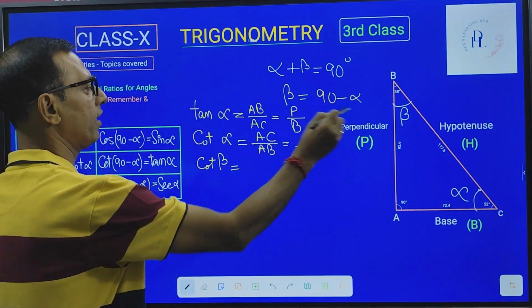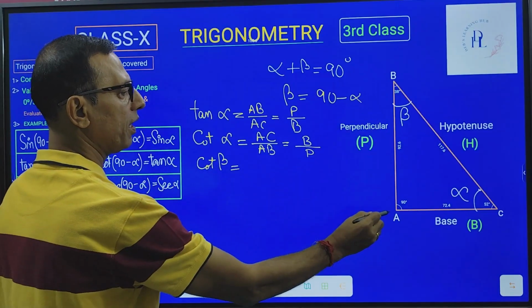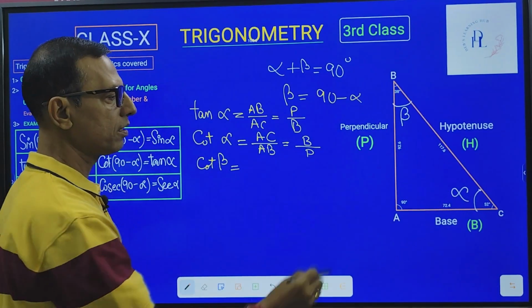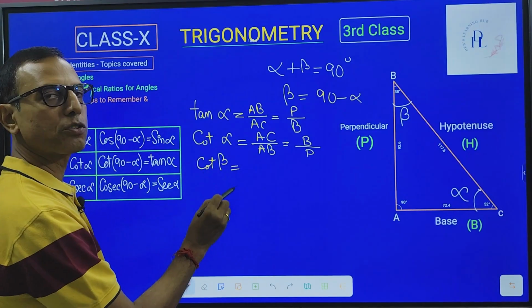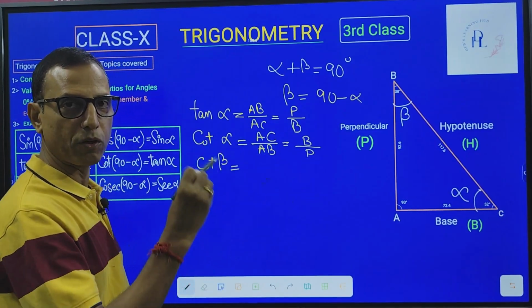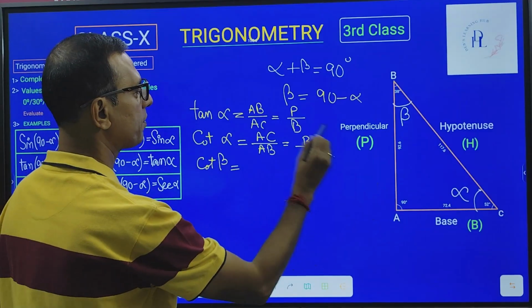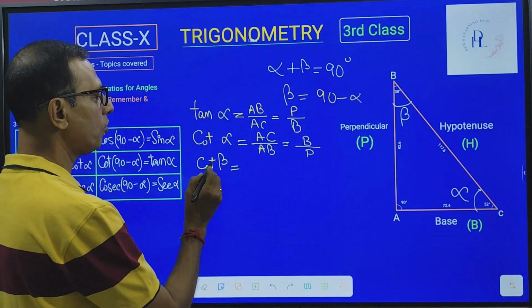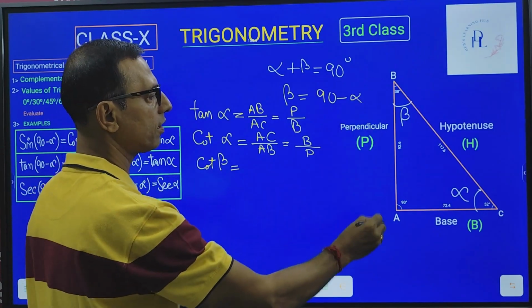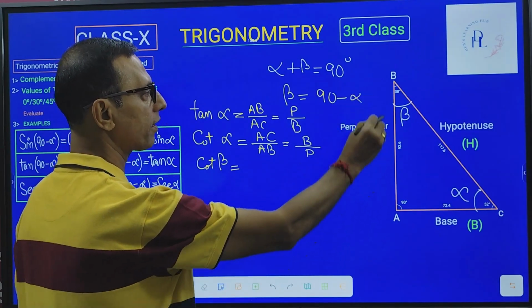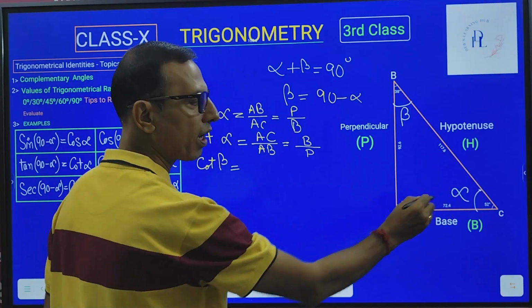So from this triangle, tan alpha equals perpendicular AB by base AC. So AB by AC equals P by B, perpendicular by base. Cot alpha is just the reciprocal of tan alpha, that is base by perpendicular, so B by P. Now what is cot beta? When we are considering beta angle, we will consider this AB, which we considered earlier as the perpendicular with respect to alpha angle.